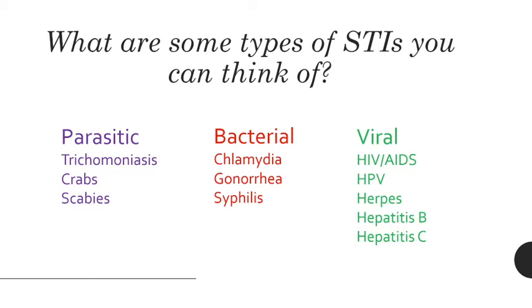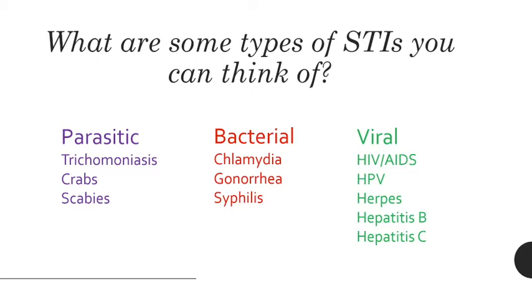For example, when it comes to HIV, a person can take antiretroviral medication and their viral load may become so low that they actually become undetectable. And so when a person's viral load is undetectable, that means they're untransmittable.